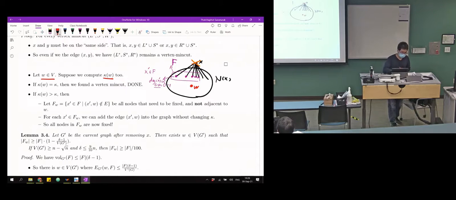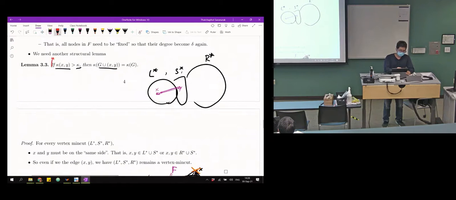If kappa of W is kappa, then we are done. But otherwise, it will be greater than kappa. And then actually if this is greater than kappa, then I know that even if I add edges from W to everyone else, it doesn't change the min cut. Just by this.